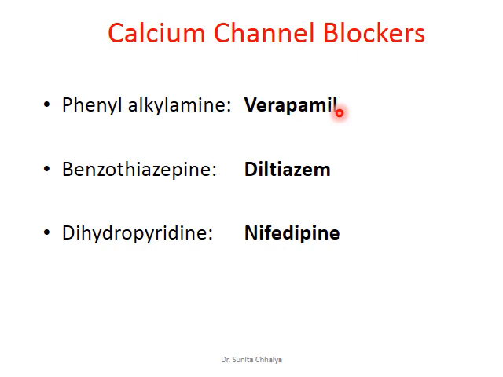They were classified as phenylalkylamine, which is verapamil; benzothiazepine, diltiazem; and dihydropyridines: nifedipine, nimodipine, nitrendipine, amlodipine, and so many different dihydropyridine derivatives. So broadly they were categorized as dihydropyridine derivatives, and these two as non-dihydropyridine derivatives.